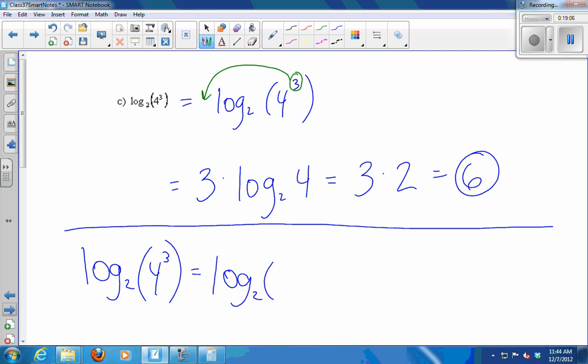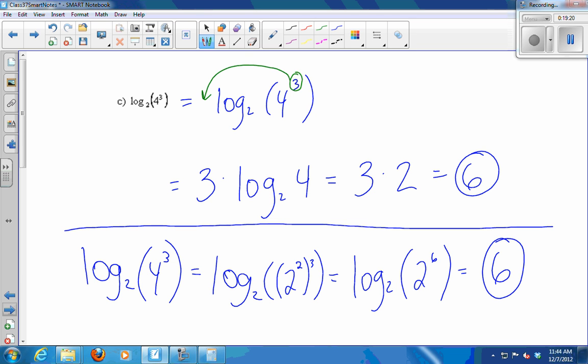Oh, I can rewrite 4 as 2 squared and cube that. And then that's log base 2 of 2 to the 6th, because when you raise a power to a power, you multiply, and then we can just lift off the 6. So you can do it either way. You can use the property of logarithms where you can bring the exponent down in front, or you can just evaluate that number in parentheses and write it as 2 to the something.